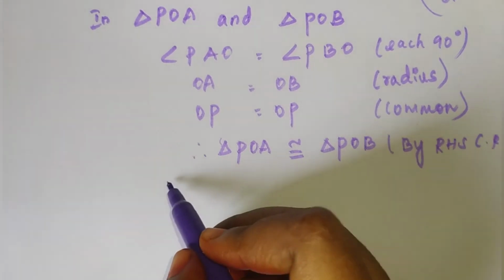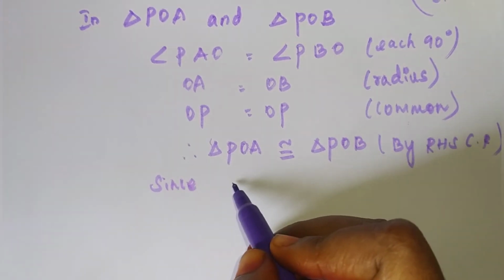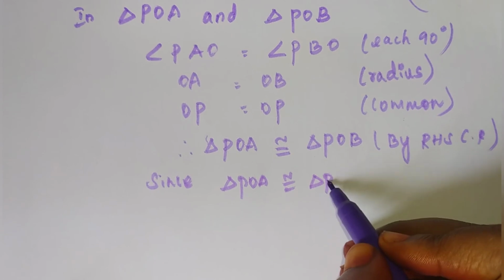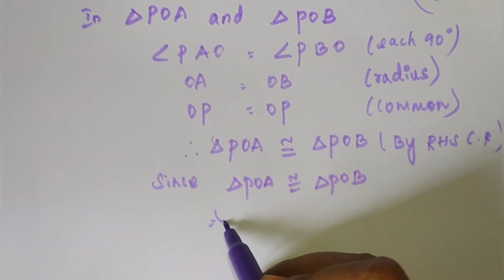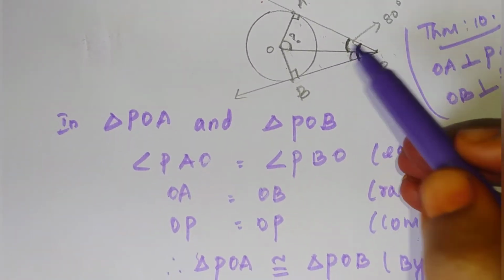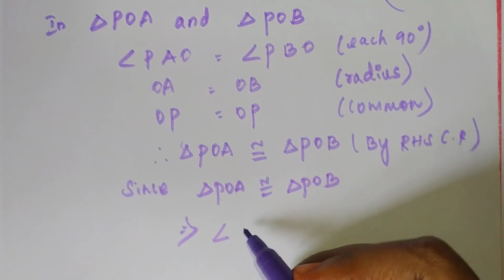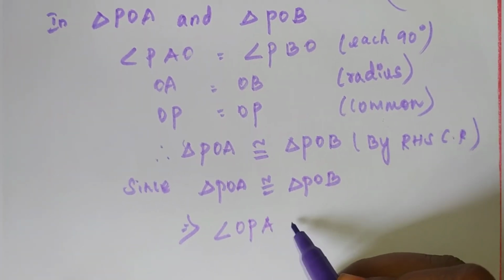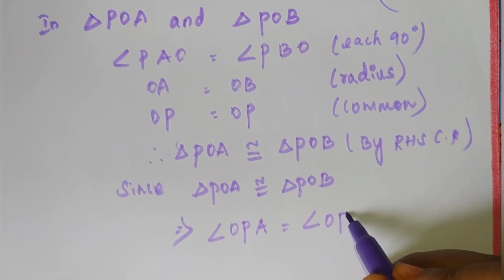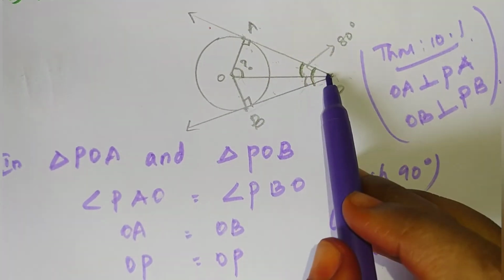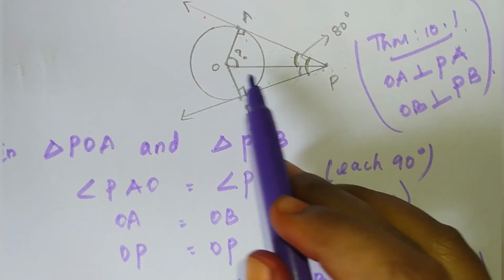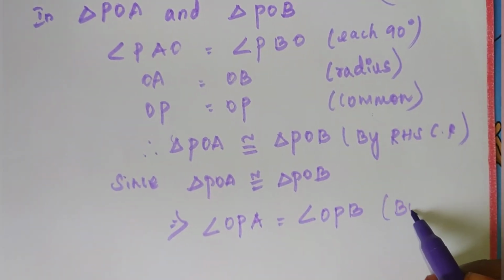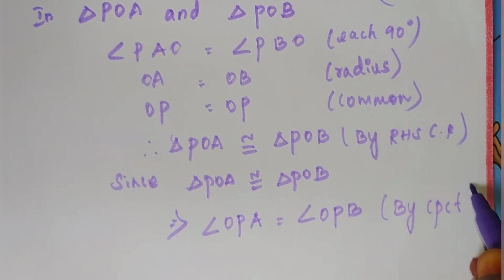Since the two triangles are congruent, we can say the angles are equal. That OPA is equal to OPB. Both the angles are equal by CPCT.